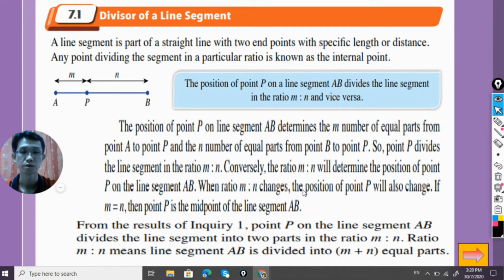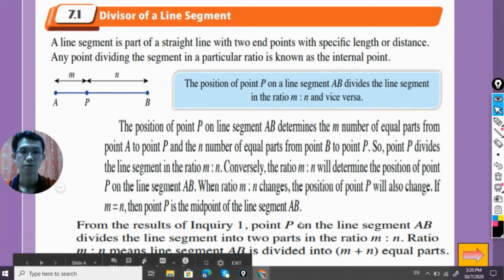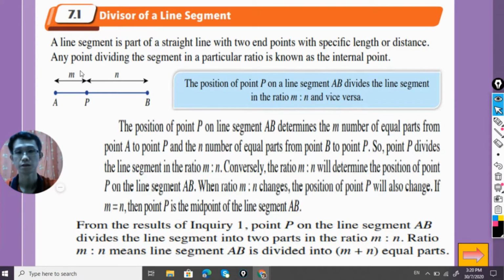So in short, as a conclusion, point P on the line segment AB will divide the line segment in the ratio m to n, and we divide the line segment into two parts. This ratio m to n reflects that the line segment AB is divided into m plus n equal parts.